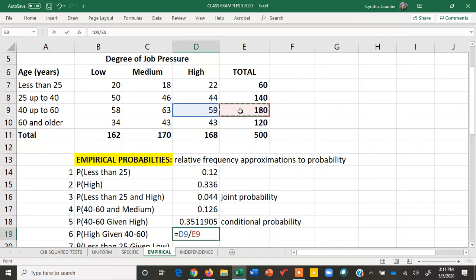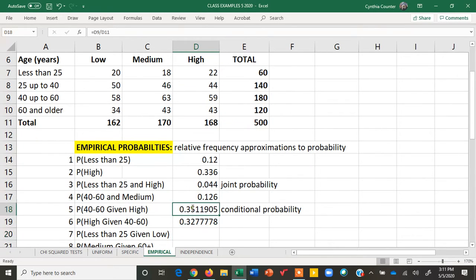Notice that the numerators between these two conditional probabilities are both D9. They're both the value 59 because that is in the intersection of these two categories. What's different is the denominator.